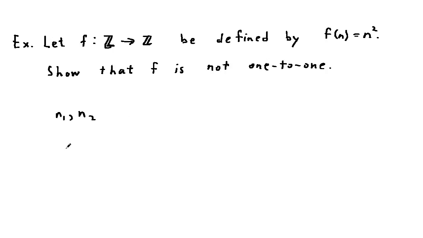Note that minus 2 squared is 4, and 2 squared is 4. So minus 2 and 2 both get sent to 4. Hence, f is not one-to-one.